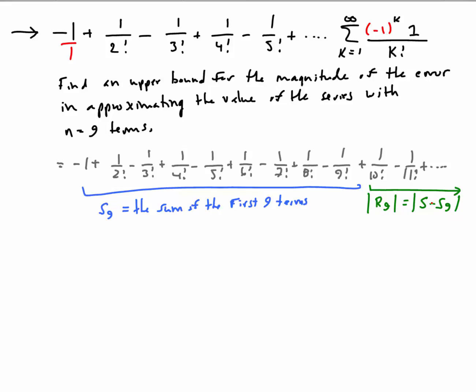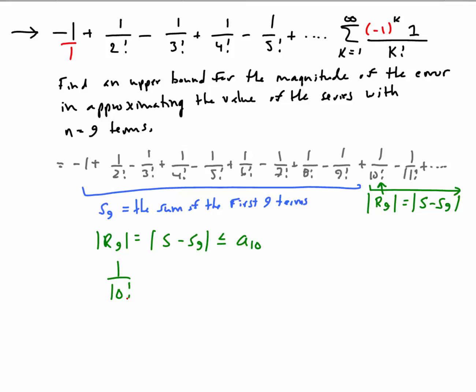So keeping those things in mind, the absolute value of R sub 9, the remainder there, the magnitude, absolute value of S minus S sub 9 has to be less than or equal to a sub 10. So rewriting this, R sub 9 is this value right here. So R sub 9, it was 1 over 10 factorial.